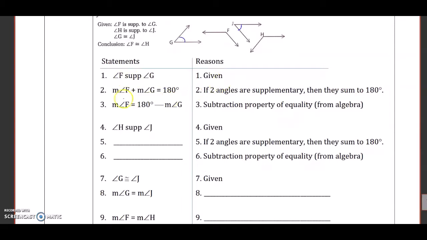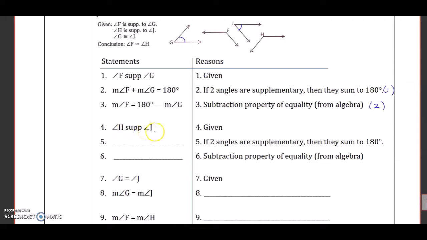F is sup to G is given. So then if two angles are supplementary, they sum to 180. By the subtraction property, I know that angle F is 180 minus the measure of angle G.